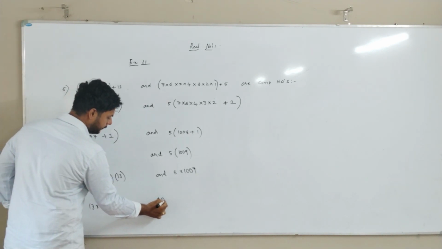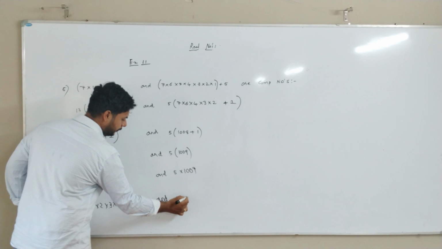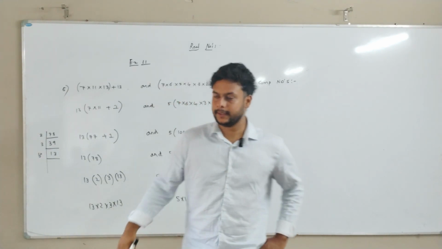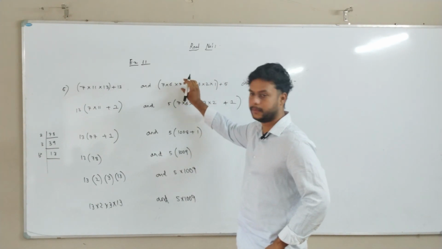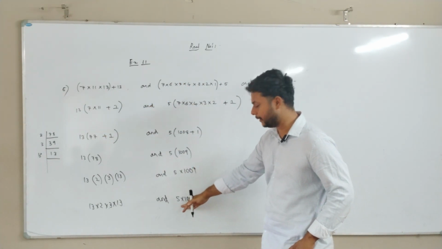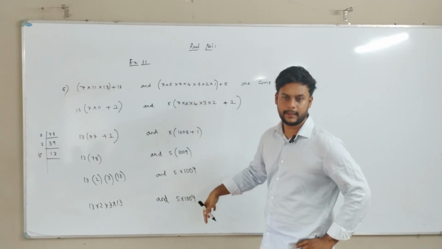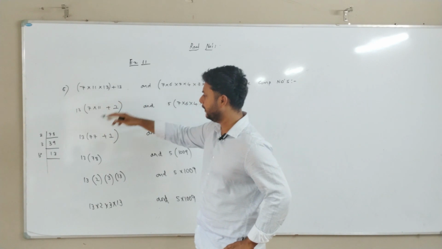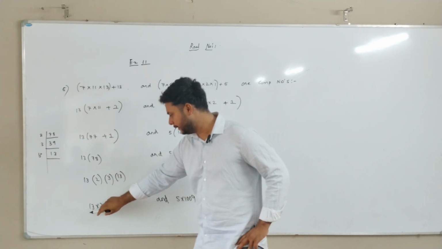Similarly, this also can be written as 5 into 1009. So if you take this as a whole number and do prime factorization, you will get these prime numbers. This is how it will get divided.